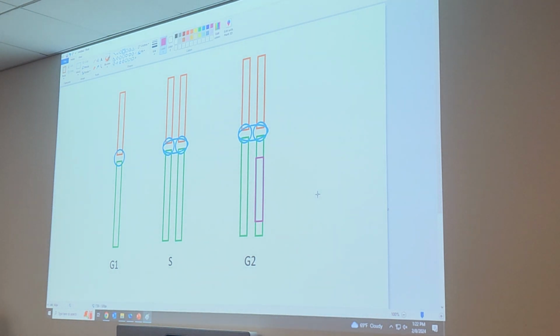How many chromatids are affected? Just one. So if you see only one chromatid affected, that happened during G2. If you see both affected in the same way, that happened during G1. Because G1 will copy your damage. In G2, the damage will be individual.